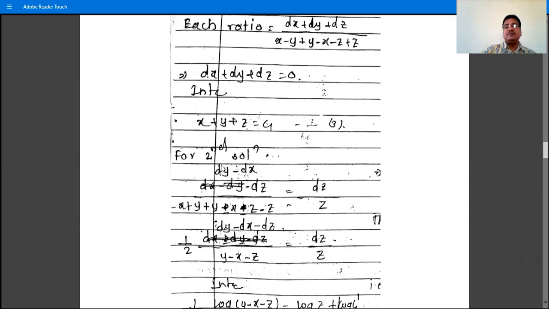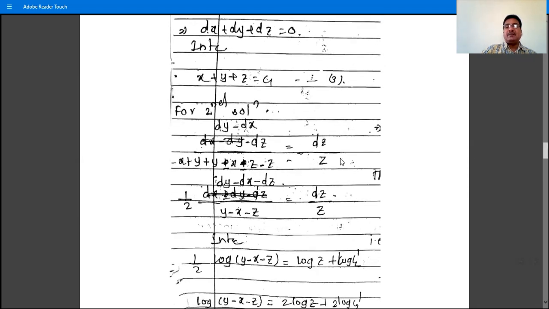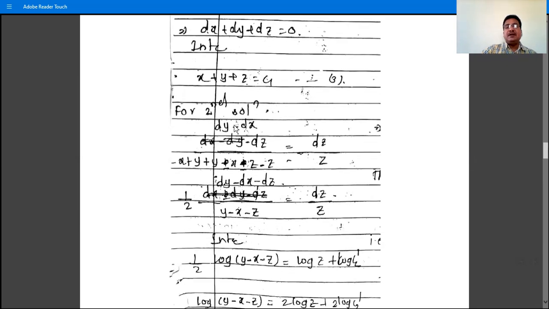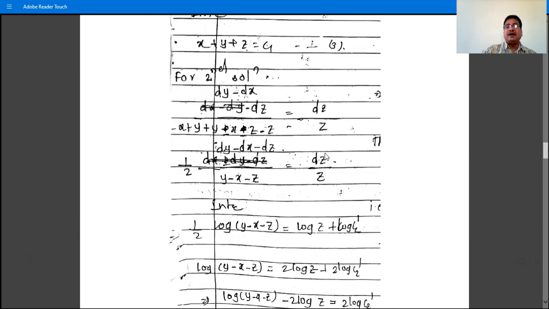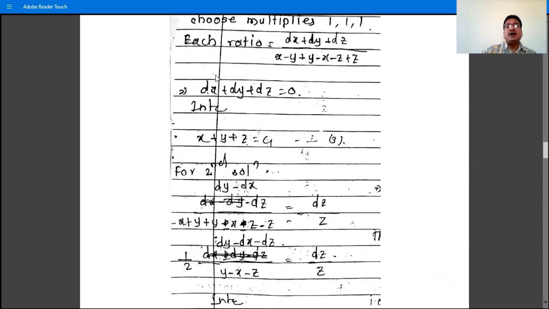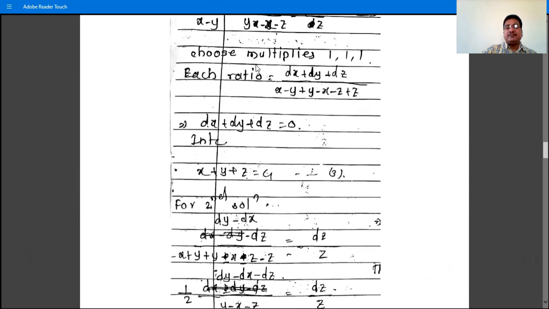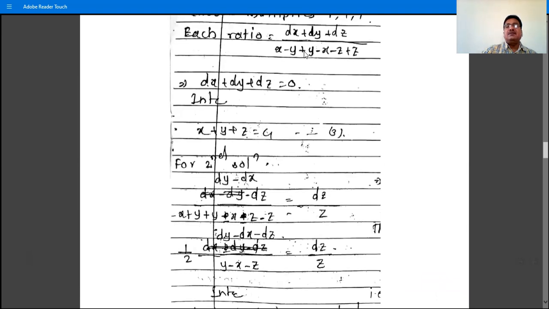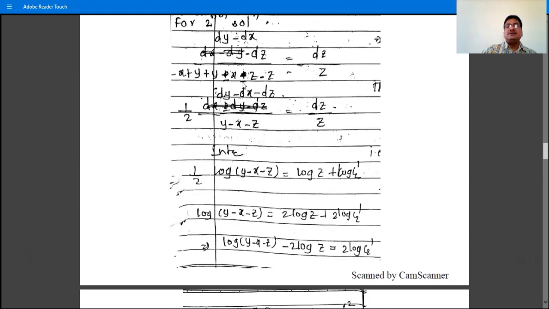For the second solution, consider the multipliers -1, 1 and 0, with dy minus dx in the numerator, and in the place of each ratio consider the third ratio, dz by z. So we have dy minus dx minus dz over the denominator y minus x minus z.